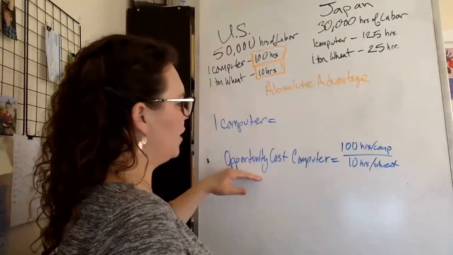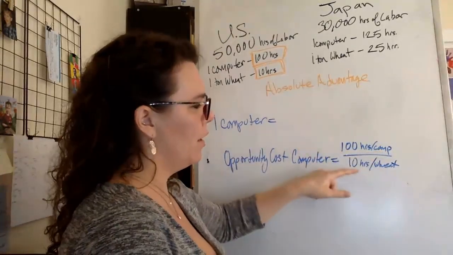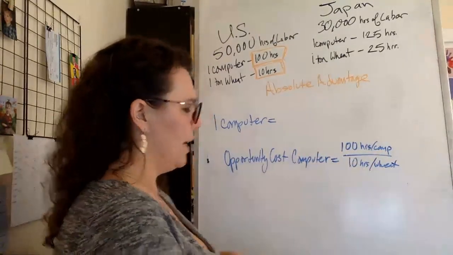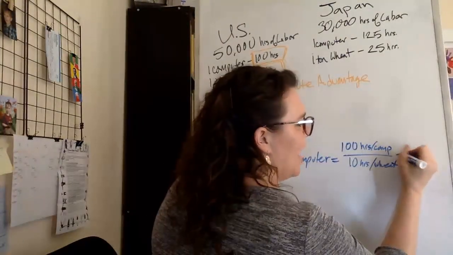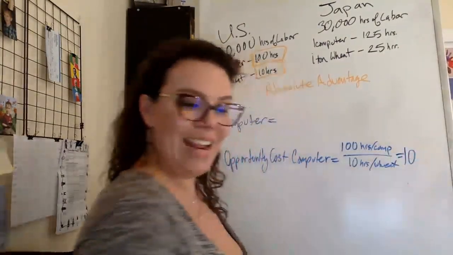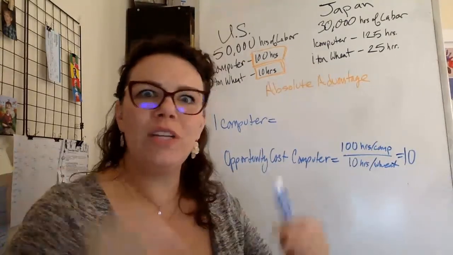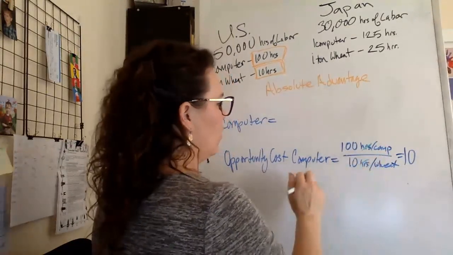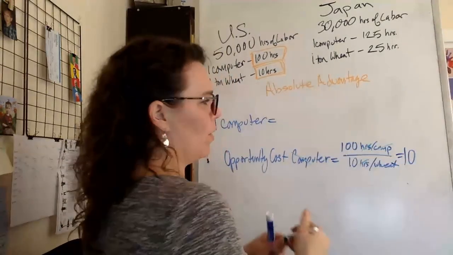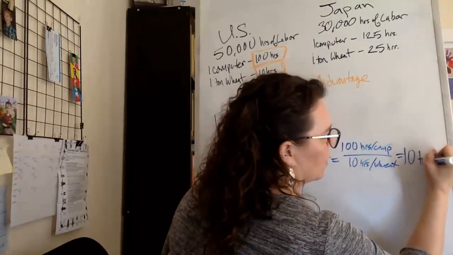So if the opportunity cost of one computer is equal to 100 hours per computer divided by 10 hours per ton of wheat, that leaves us with 100 divided by 10 is 10. And one way to think of it is the units cancel out. So hours divided by hours cancel out, the computer parts cancel out, and we're left with 10 tons of wheat.